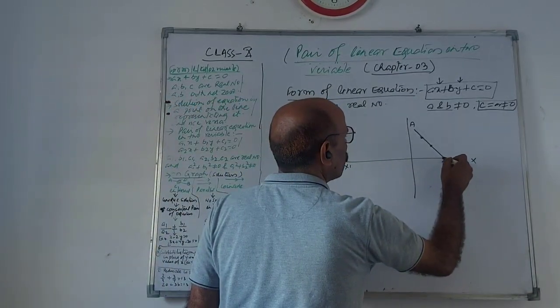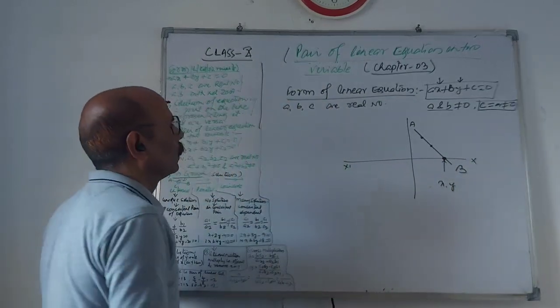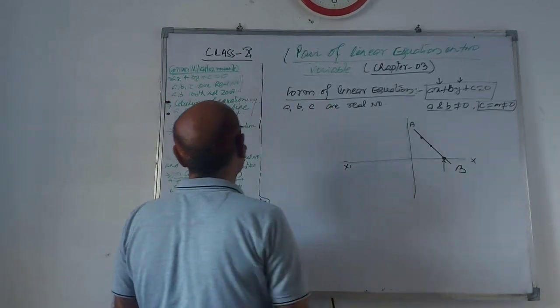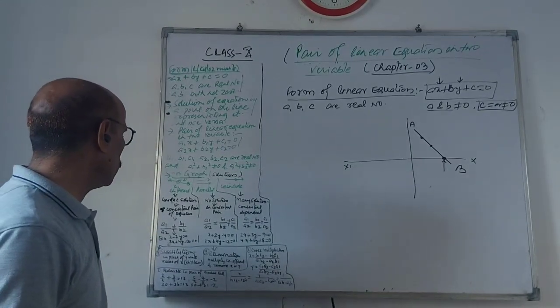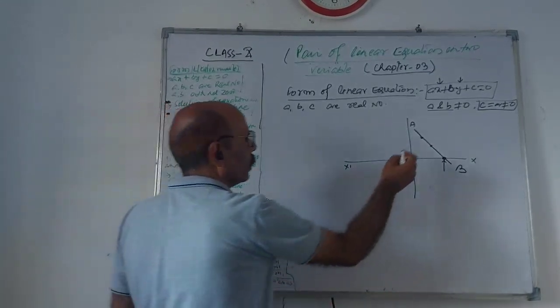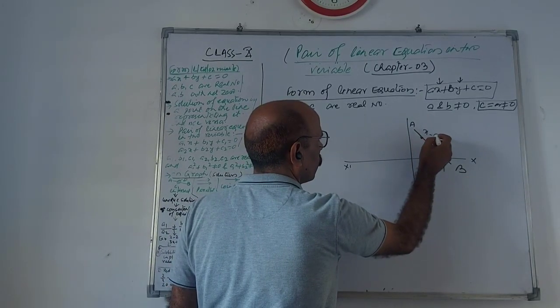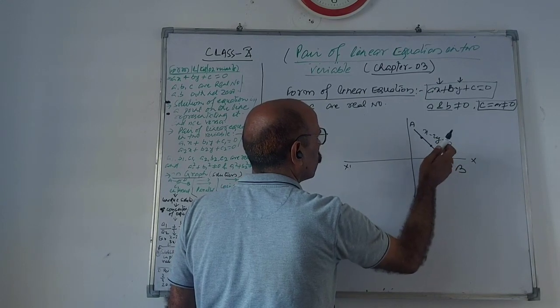This generally represents the value of x and y. Suppose, for example, we take x minus 2y is equal to 0. It is not a real one, just for example.